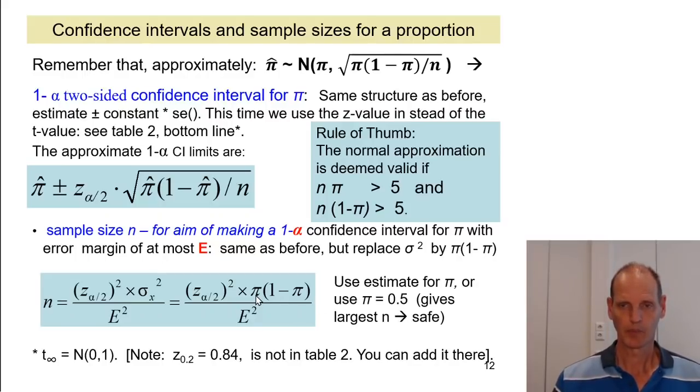Because pi times 1 minus pi can at maximum be 0.5 times 0.5, which is 0.25. But if pi is much smaller, this variance will also be much smaller, and then we don't need such a large sample size as when we would use 0.5 times 0.5. So only if you have no idea, you can bring in pi as 0.5, and that gives us the largest possible n, so that is on the safe side.